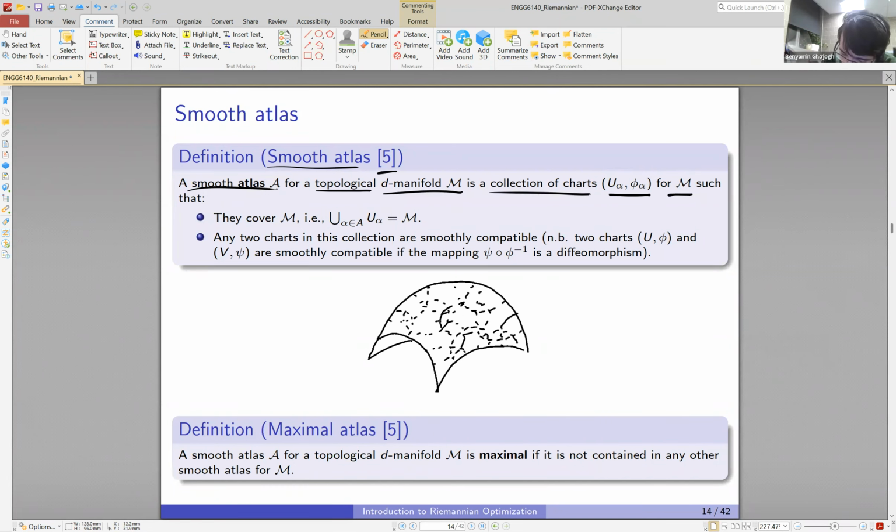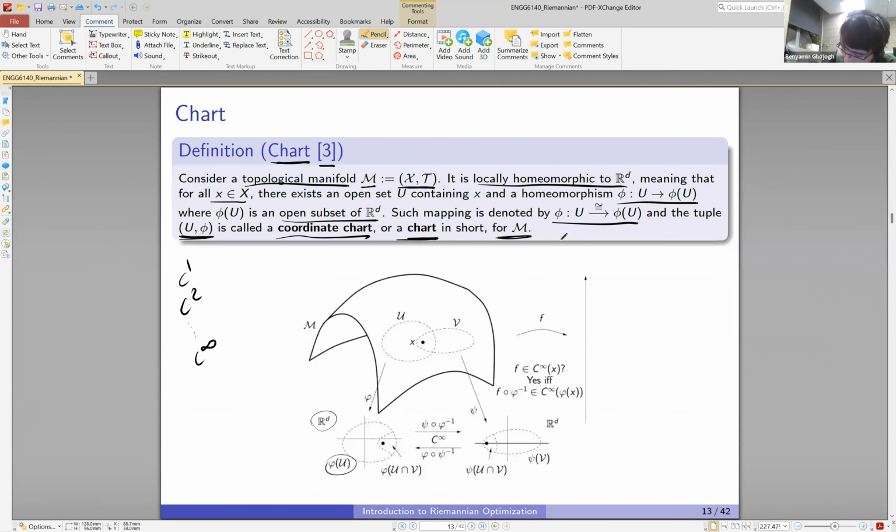Where they cover M, it means that their union covers the whole manifold. Consider all of these open sets on the manifold; their union becomes the whole manifold, right? And any two charts in this collection are smoothly compatible. Exactly what I said: you can go back and forth between these charts smoothly.